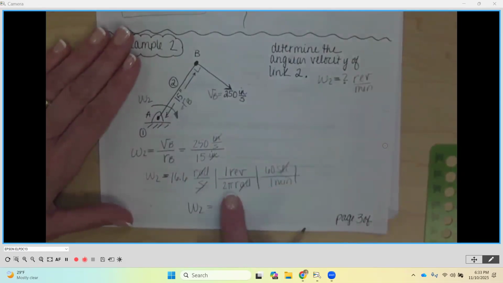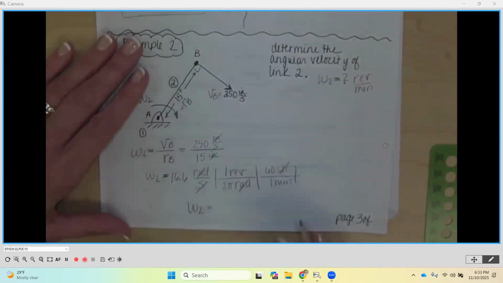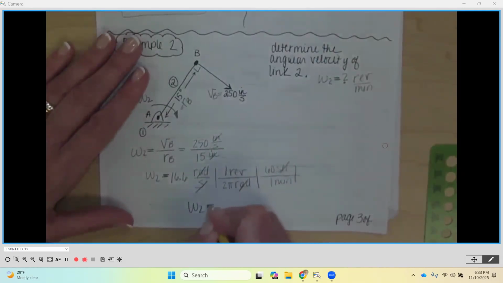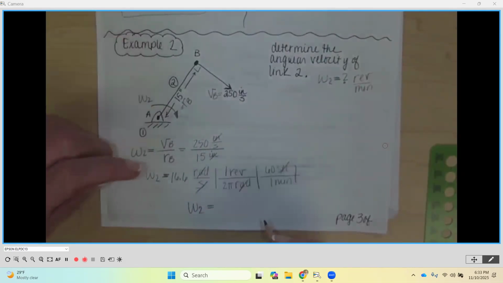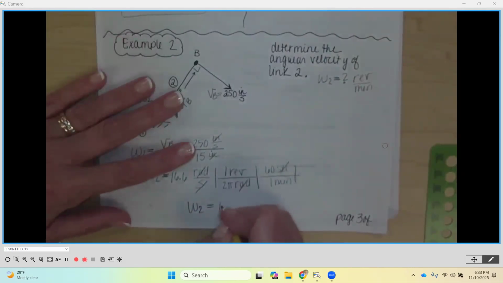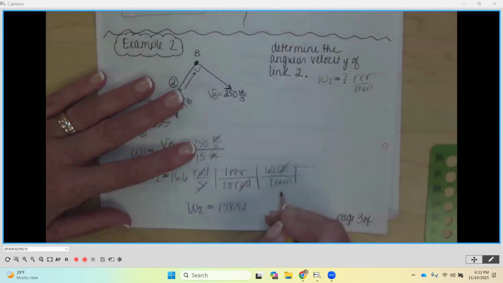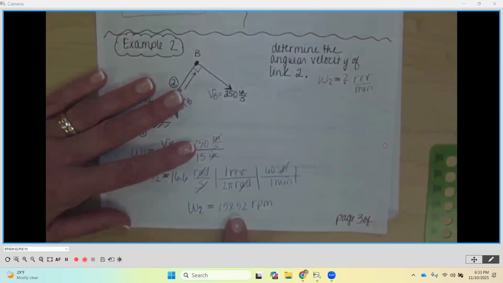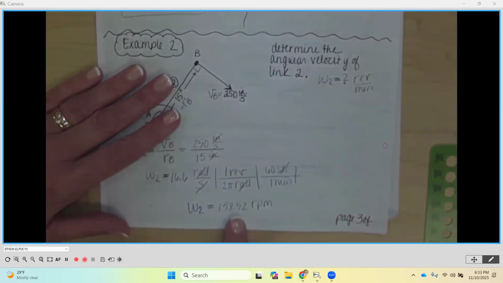16.6 times 60 divided by 2 divided by pi. And that's going to be RPMs, right? You can put RPMs at the end. Did everybody else get 158.52? Yep, confirmed. Someone got 159.15, so 16.6 times 1 times 60 divided by 2 divided by pi.